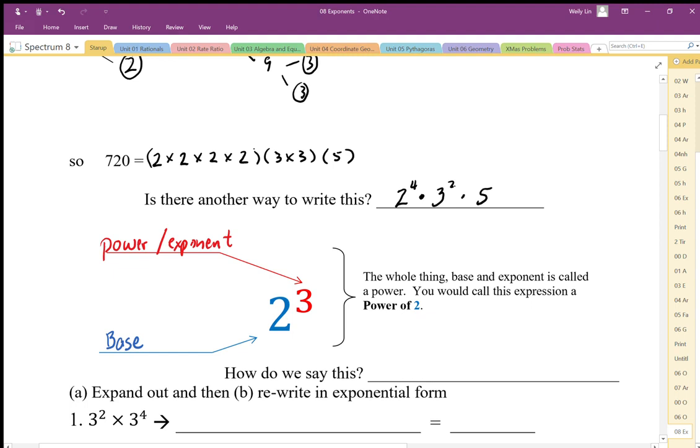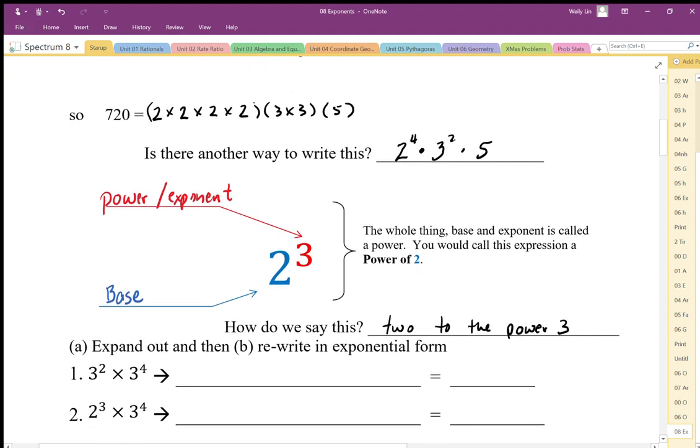Either way is perfectly fine. So if you want to say it, I'm going to just write it like this: 2 to the power 3. Now this power again just counts how often we multiply. So that 3 means I've used 2 in multiplication 3 times.